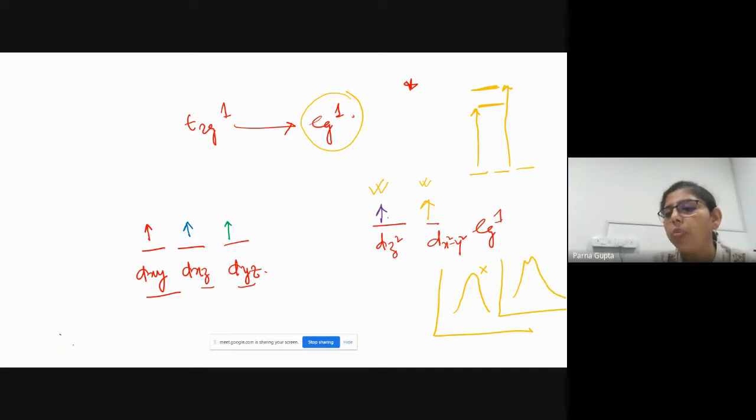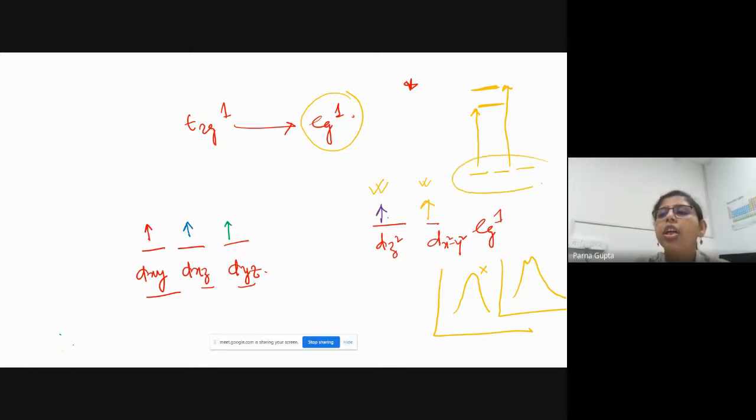Okay, I cannot draw properly. I'm not very good at drawing, as you can understand from all the last classes. But you can ask about these three orbitals, which are also not the same. But the energy difference between these three is so small that it only becomes a little bit broad, and it is not properly reflected in the spectra.